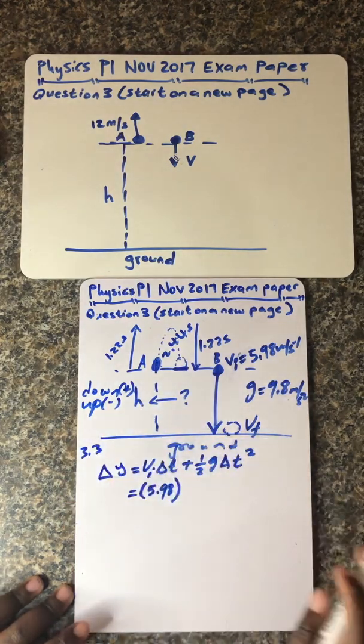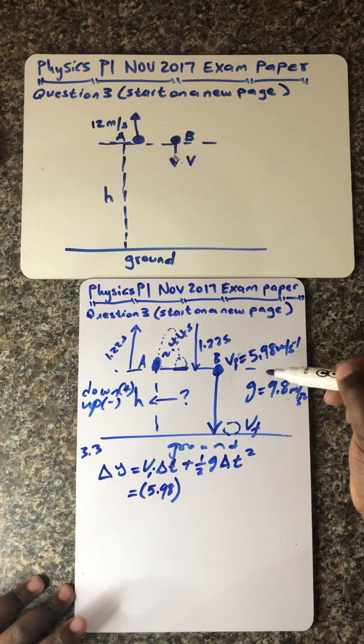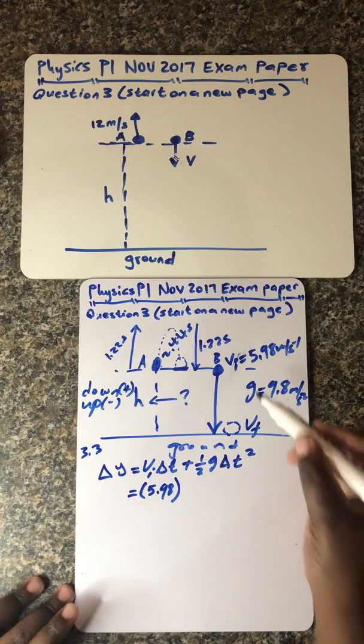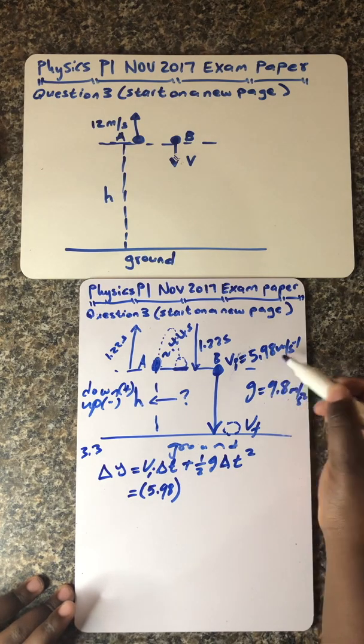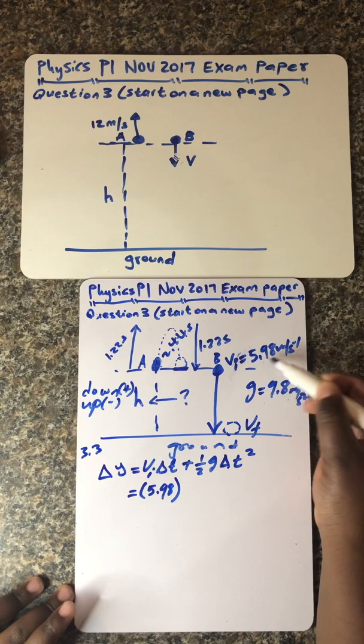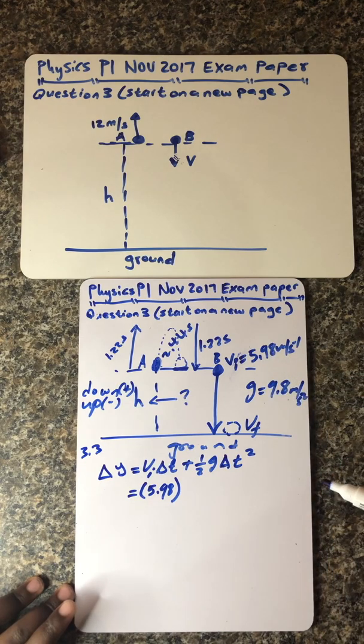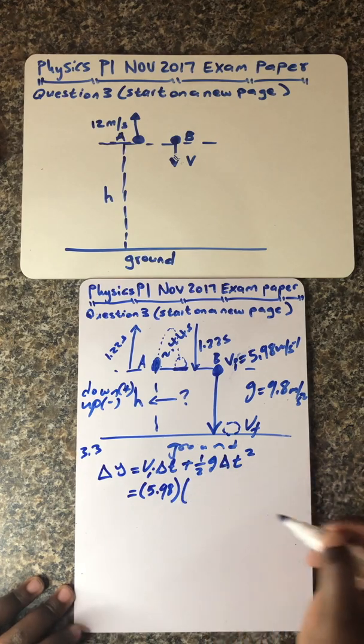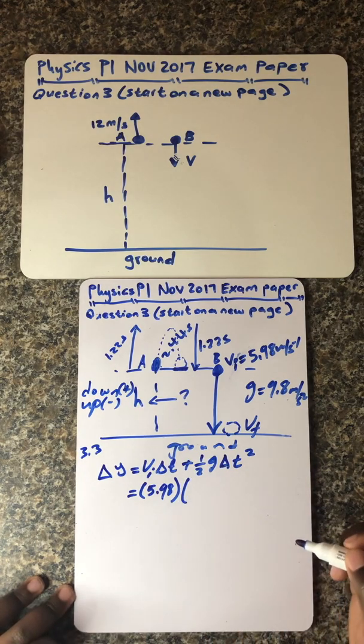So if we've got something in the upwards direction, then we'll substitute in negative. But in this case, remember, it's thrown vertically downwards at that initial velocity. So it's positive because it's going downwards. And then time is always substituted in positive.